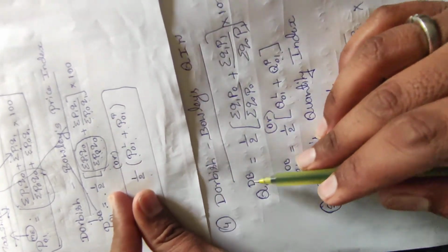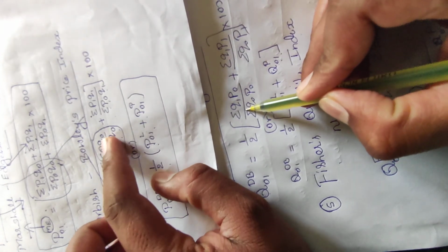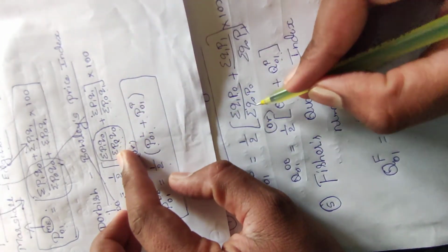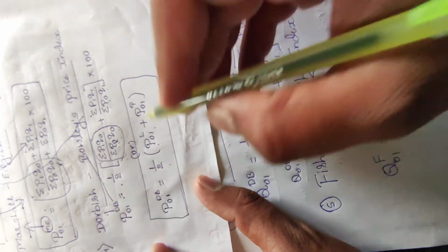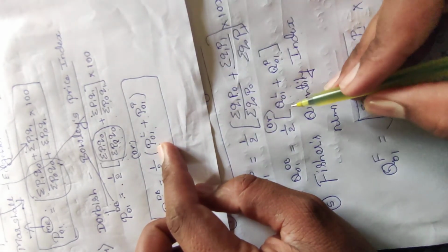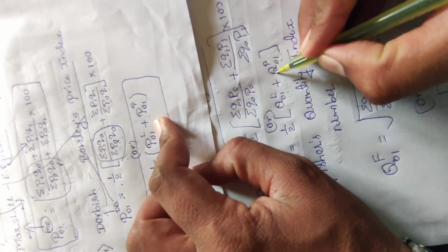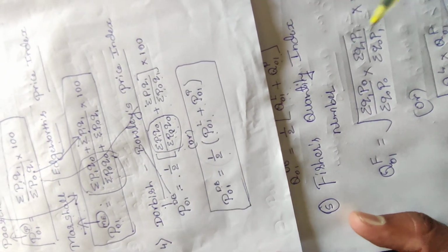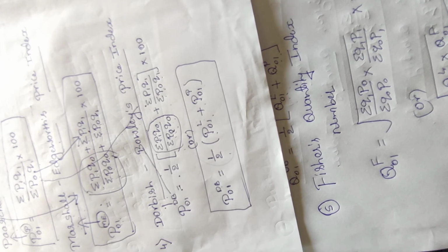What are the interchanges here? Where P is there, we should write Q, and where Q is there, we should write P. The shortcut formula is also the same: here 1 by 2 P01 L is there, and here we should write Q01 L. Here P01 P is there; P and Q are interchanged. That is the difference between the price index number and the quantity index number.